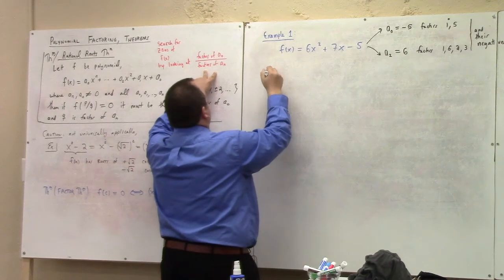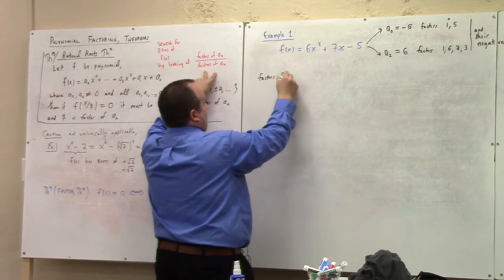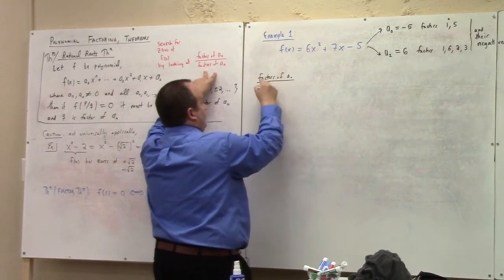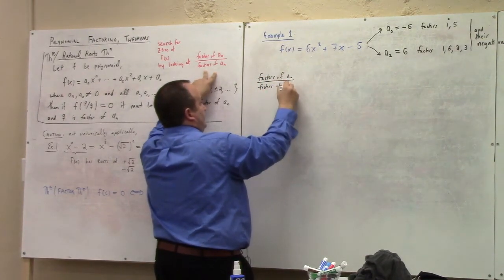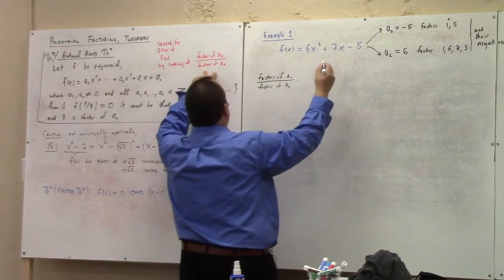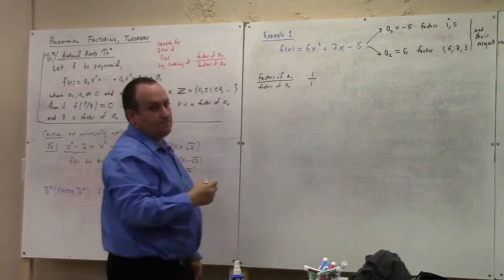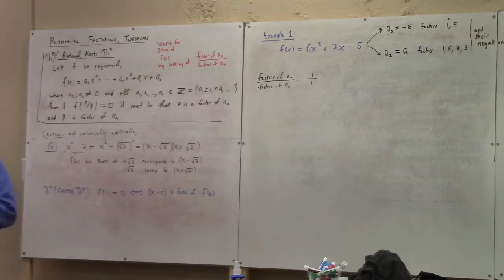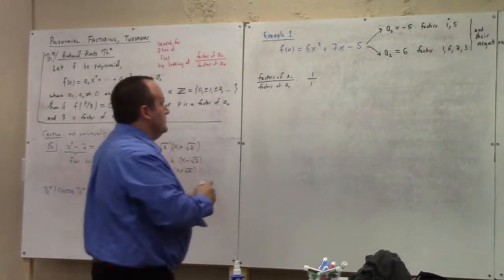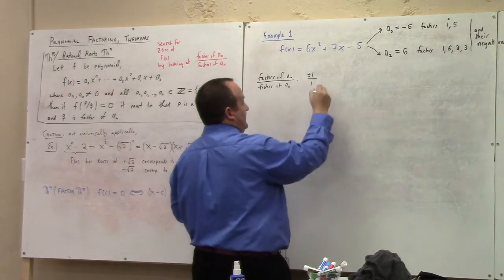So what does that look like here? What are the possibilities? Don't forget about this one, 1 over 1, right? Because 1 is a factor of both. So 1 over 1 is a possibility, and of course really plus or minus 1, because we also do negatives.